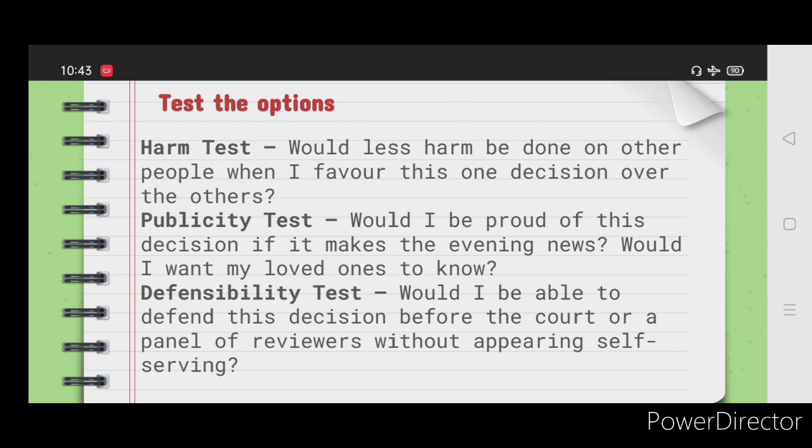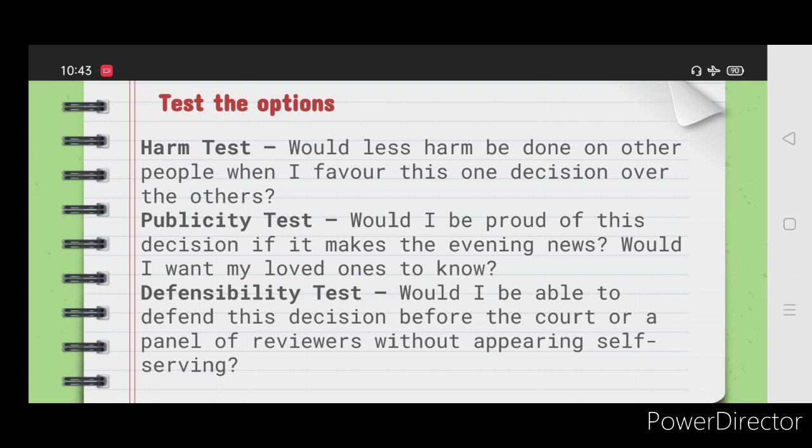Okay, so for example, if the action were cowardly, would I want to be known as a coward? Okay, if the action were irresponsible, would I want to be revealed to myself as well as to others as irresponsible? Diba? So this test encapsulates the approach known as virtue ethics.